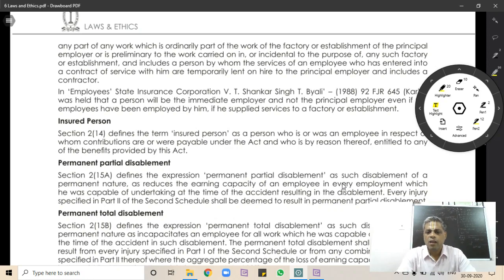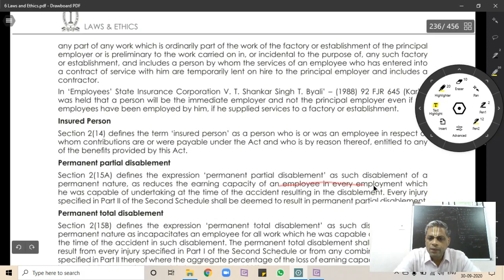Unfortunately, if a person working in a factory or an establishment met with an accident and thereby has gotten permanent injury on any part of the body, then that's called permanent partial disablement, because the partial disablement might enable the person to continue the work, not in the same capacity but on a different level, different capacity, right?